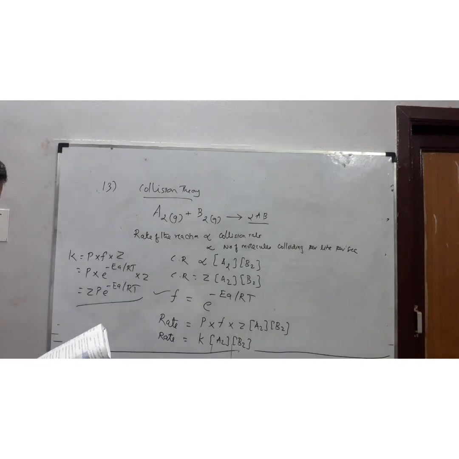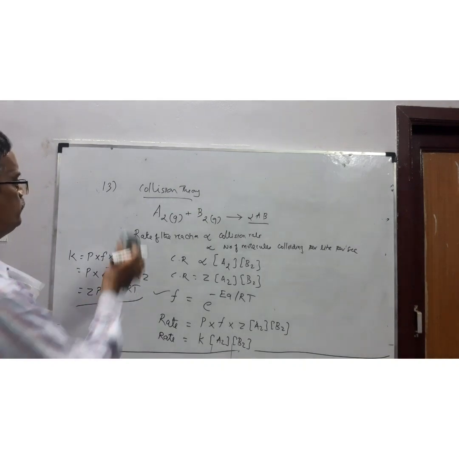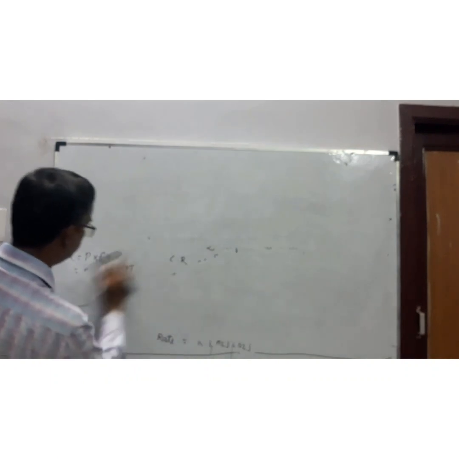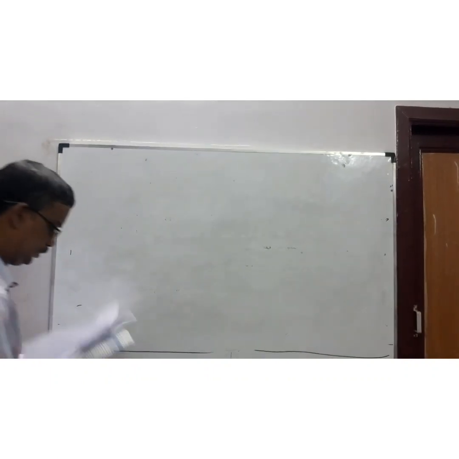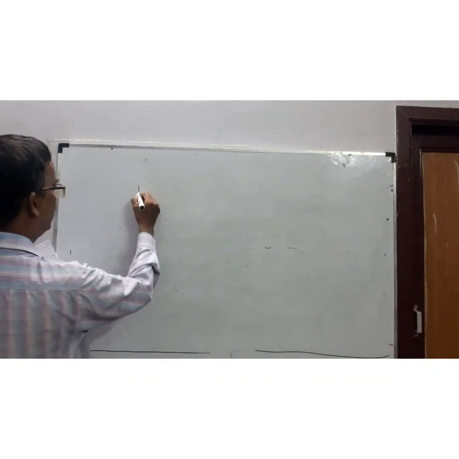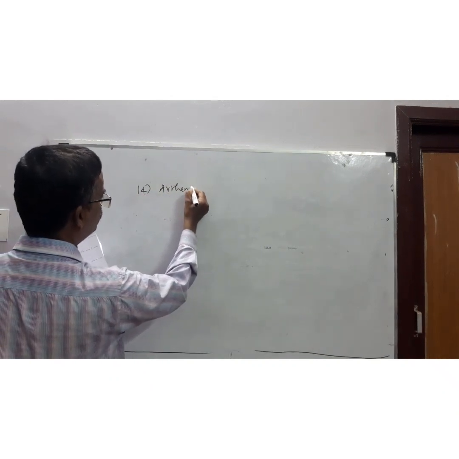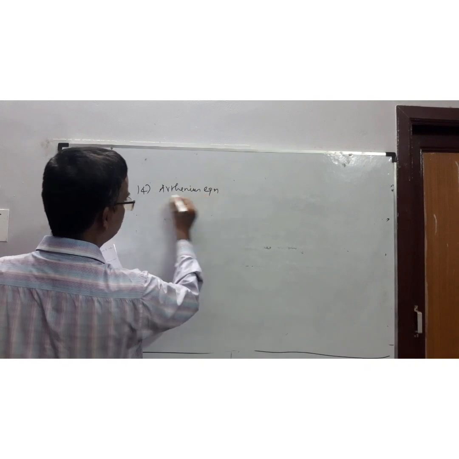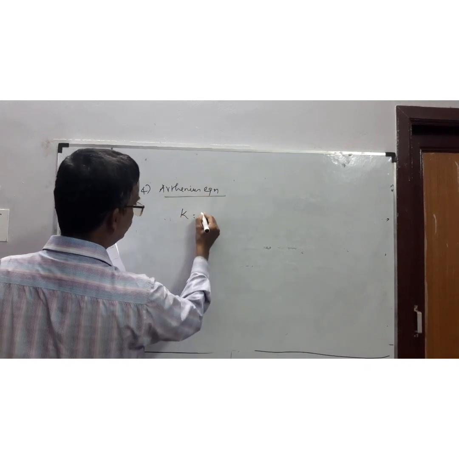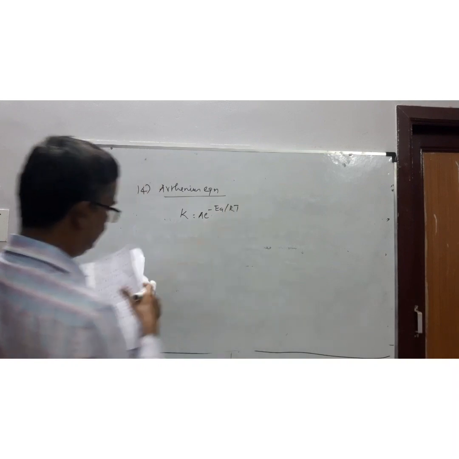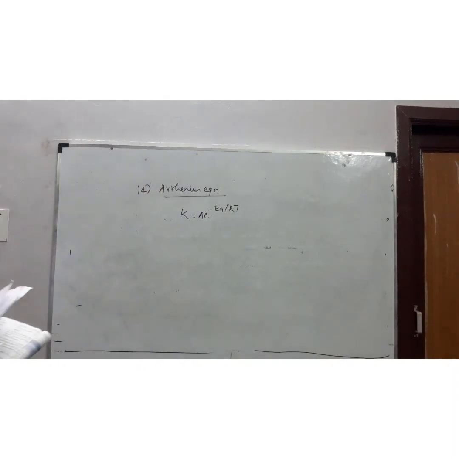Question 14. Write the Arrhenius equation and explain the terms involved. Arrhenius equation: k equals A e to the power of minus Ea by RT.